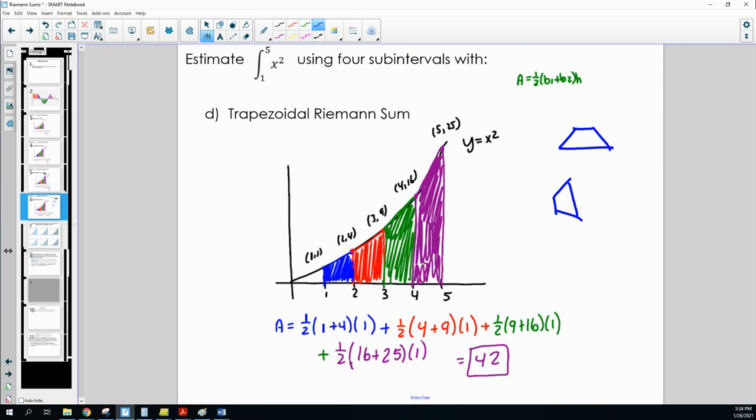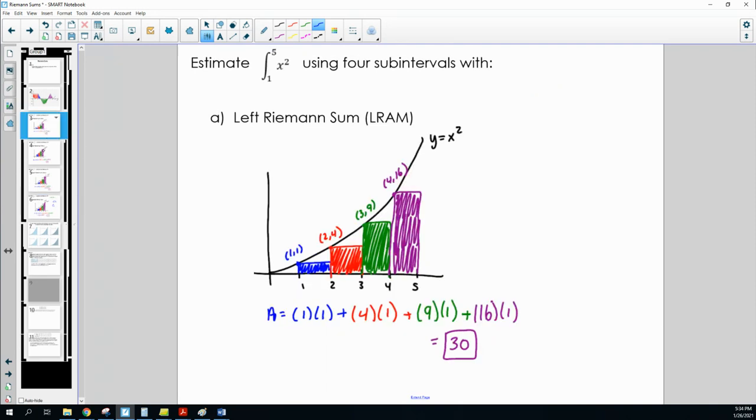So when we talk about the different types of approximations, we really only consider the left to be an under approximation if your curve is increasing. If the curve was decreasing, so if it was something like this, and I used the left Riemann sum, I would see that this would end up being an over approximation. So it really depends on, is the function increasing or decreasing?